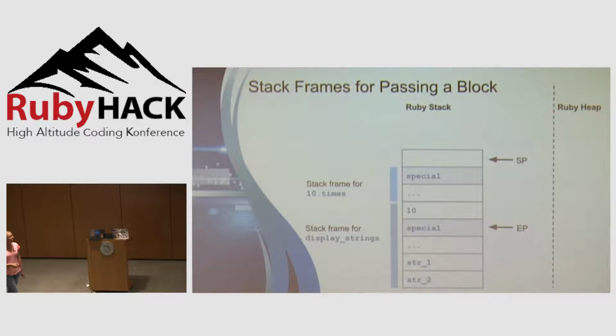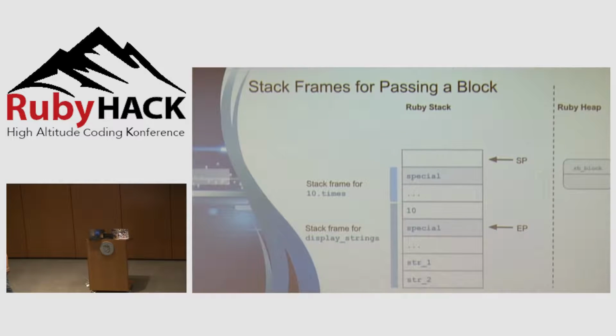But this time, we're calling times with a block. And so what happens now is that Ruby creates the block object on the heap. Now remember, the block is an object in Ruby, and so it goes on the heap because that's where objects go. There's also something interesting about this, which was pointed out to me recently, in that in Ruby 2.2, this block gets allocated on the heap when it's passed as an argument.